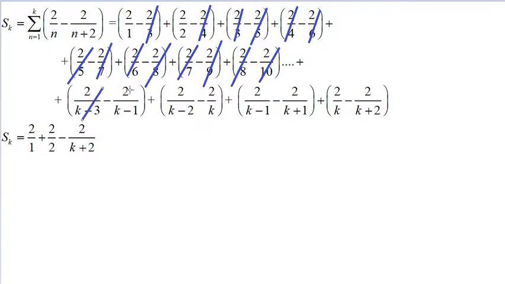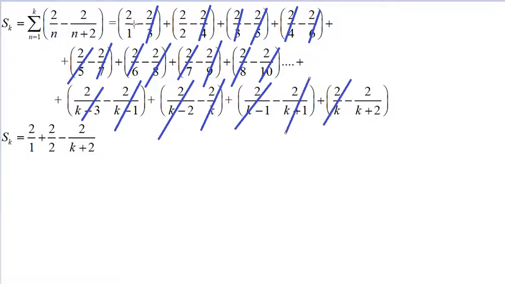And then we can see right here, minus 2 over k minus 1. This term will cancel out with that term. And then this is 2 over k minus 2, which will eventually cancel out too, and the 2 over k will cancel this out.